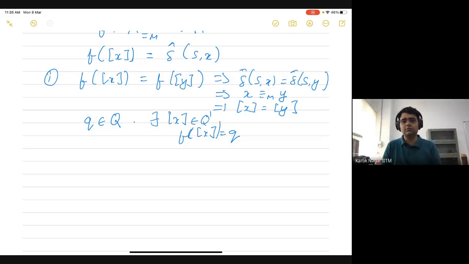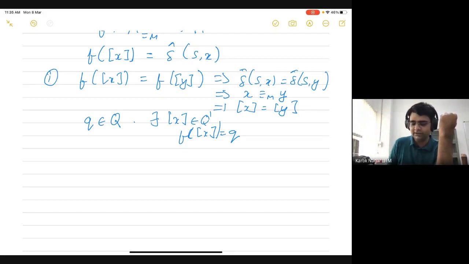So why is this true? Okay, so Vikram is asking whether we are starting out with an M that has no inaccessible states. That is correct.